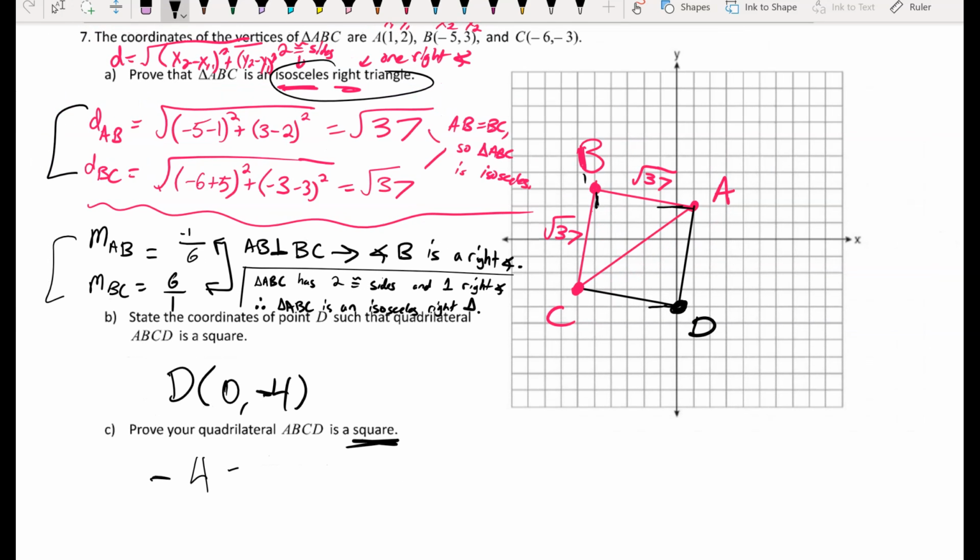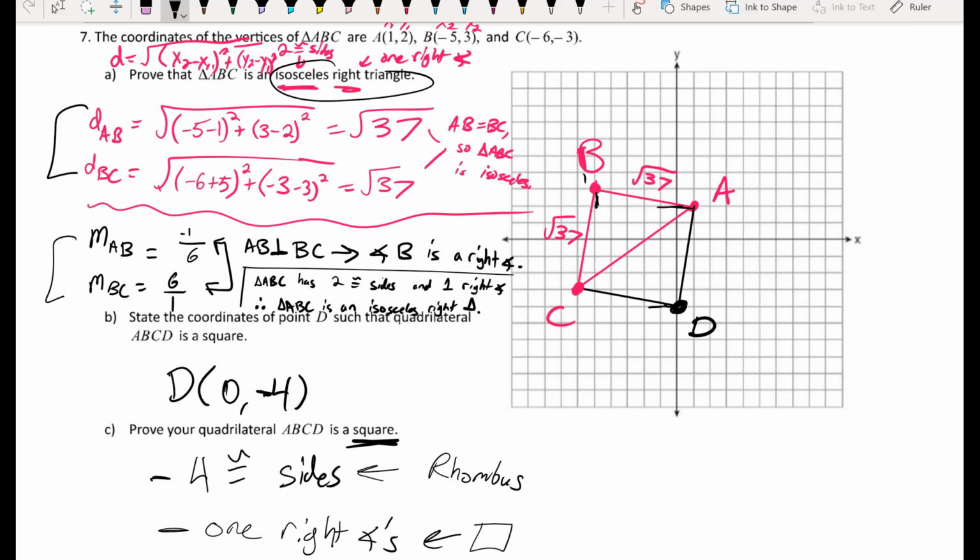I would need to show I've got 4 congruent sides using the distance formula, and I would have to show that I have at least 1 right angle. Because if I show I've got 4 congruent sides, that would prove this is a rhombus. And if I show I have 1 right angle and it's a rhombus, that would make it a square.